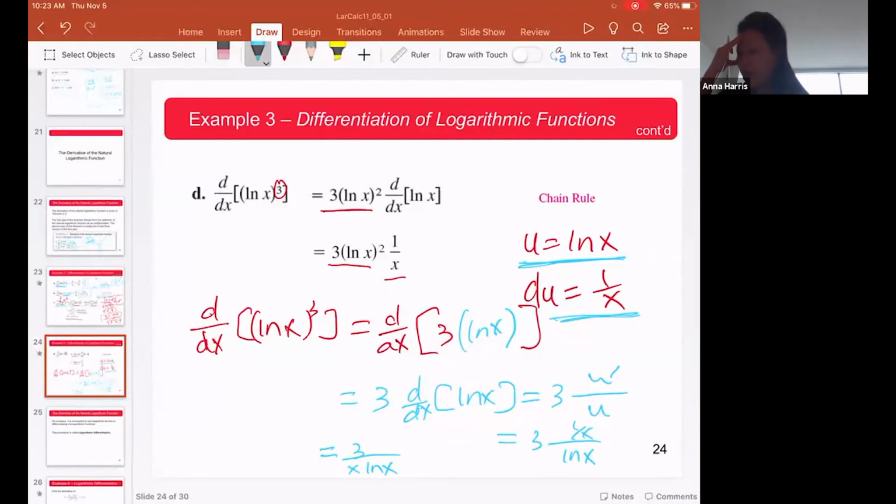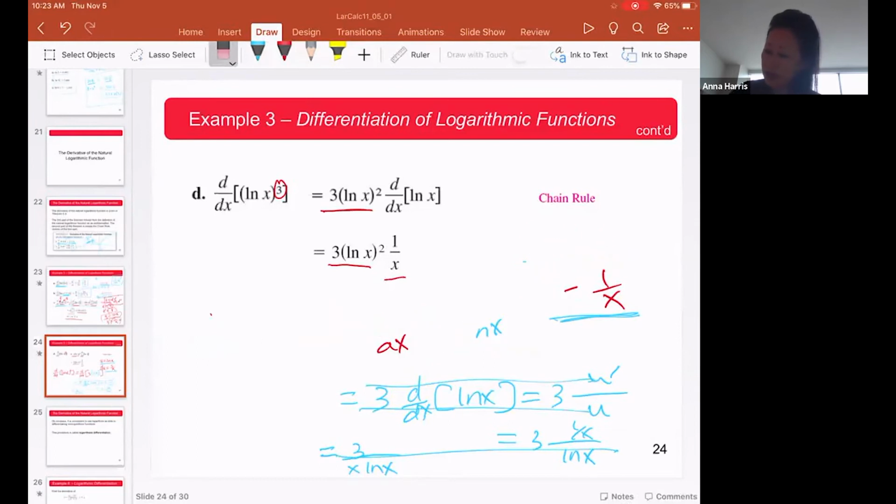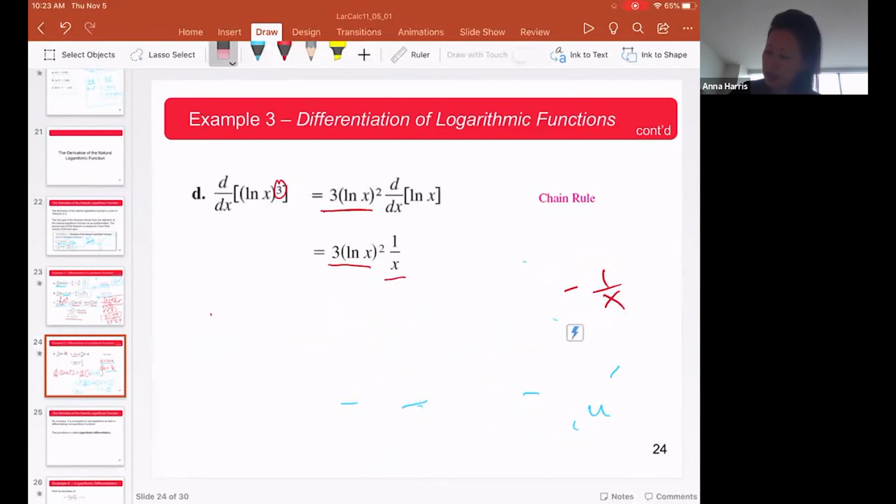They just use the power rule. Oh, class, did you see what I made a mistake? How I did over here is exactly wrong. Let me tell you why it's wrong. This is a very good problem because it's easy to make a mistake.